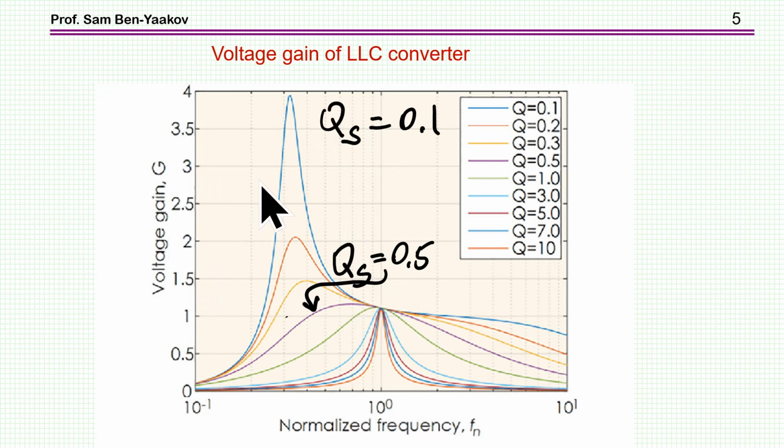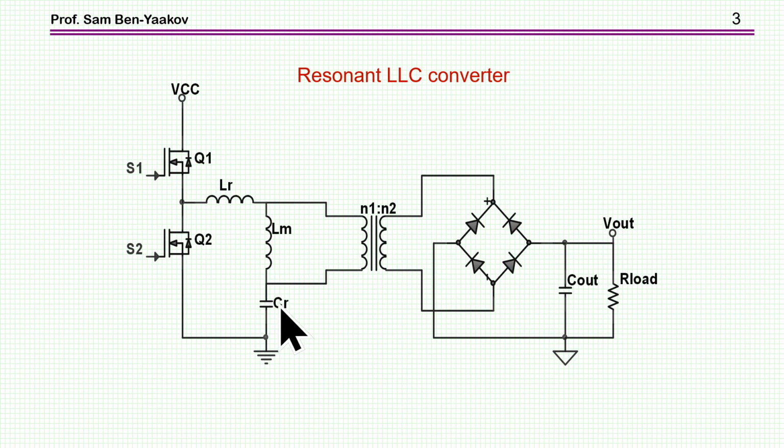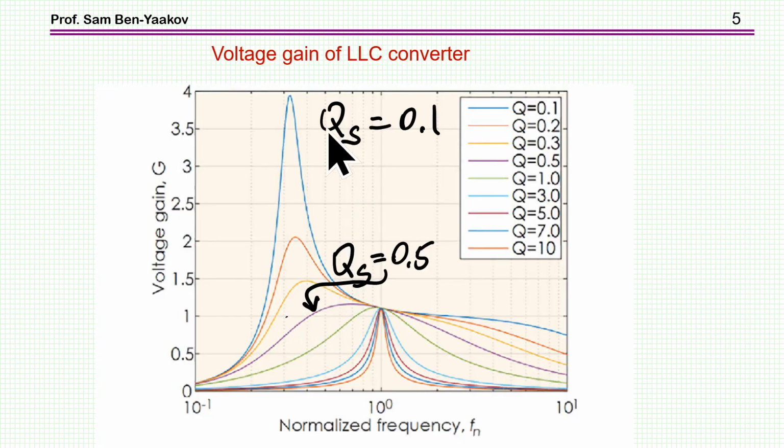And this is the gain that you'll get for this quality factor. Now, as it turns out, this quality factor is related to the L sub R and C sub R. These are the two elements. And then you have to wrestle with these curves and plots in order to get what you need in terms of the actual value of the resonant inductor and capacitor and the turns ratio.